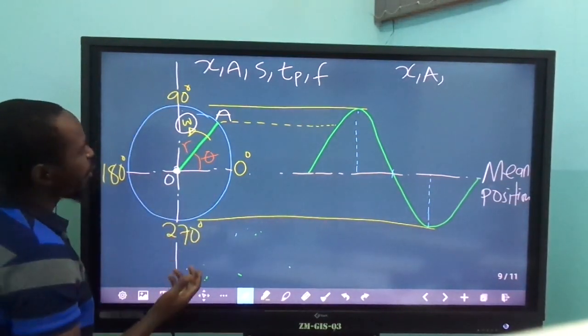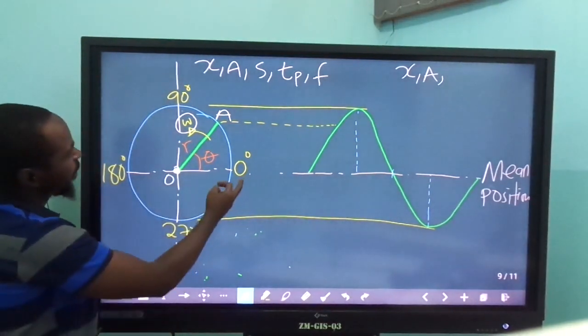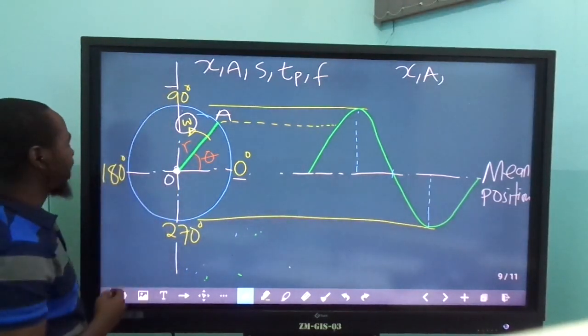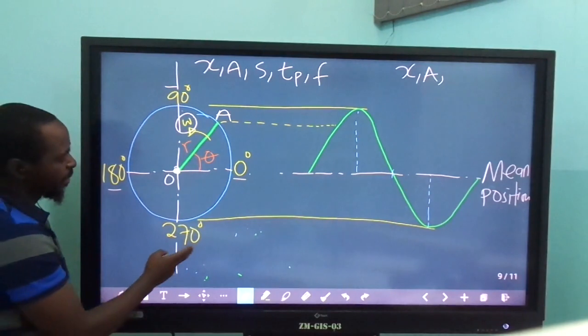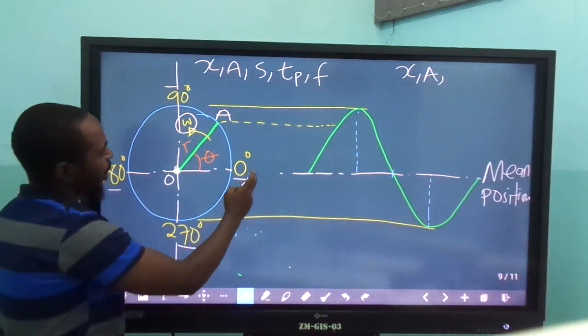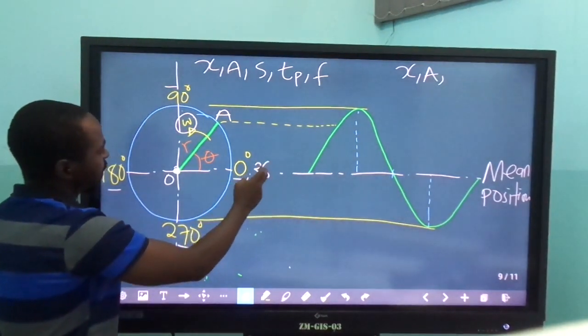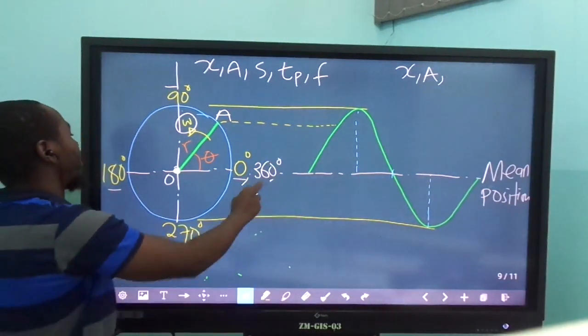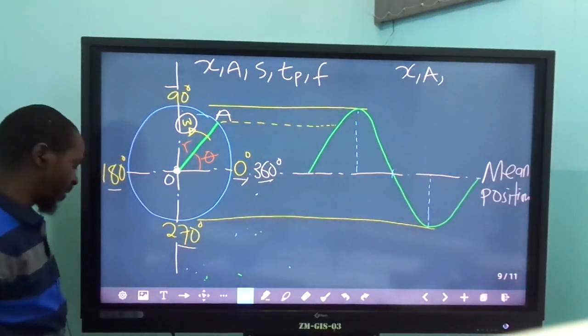So, for a complete revolution, it will start from 0 degrees, reach 90, 180, 270, and come back to that same position. It has made a complete revolution, and that makes 360 degrees.